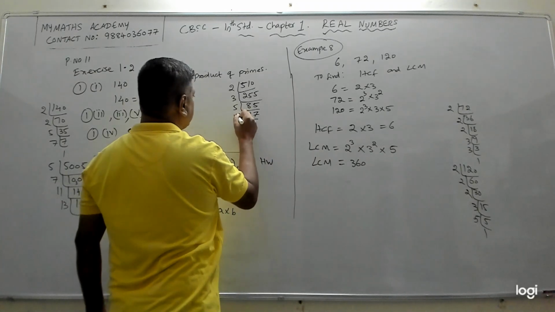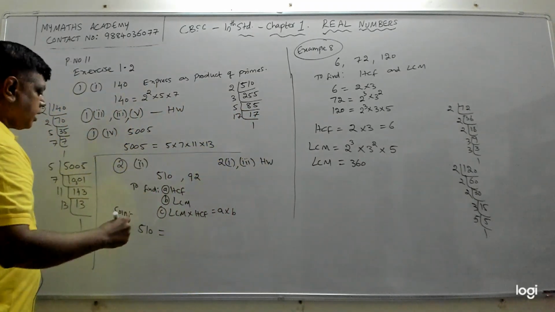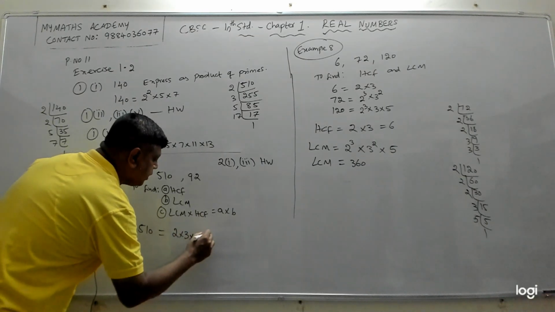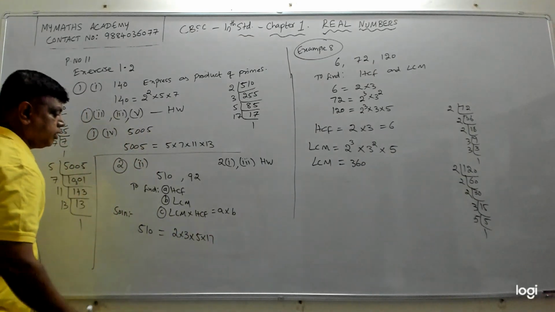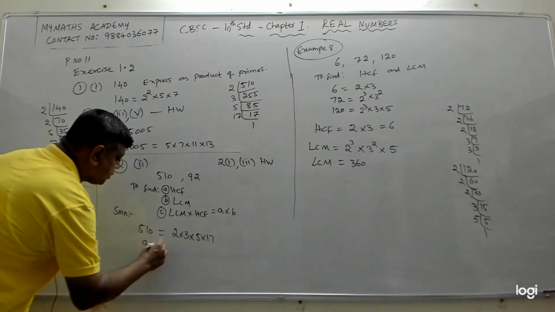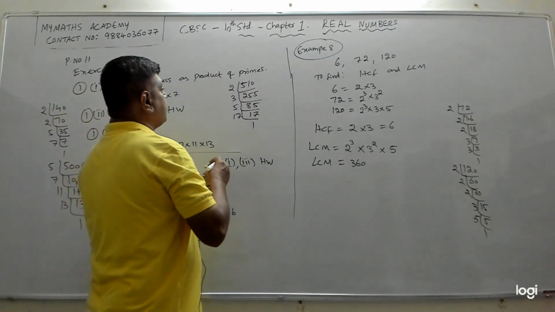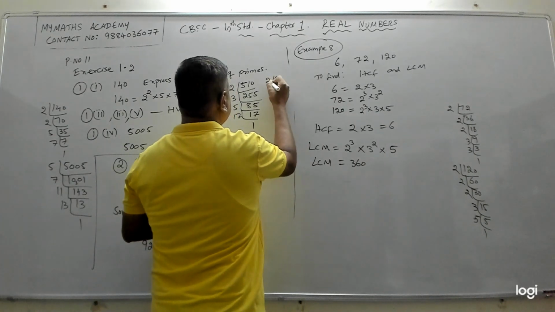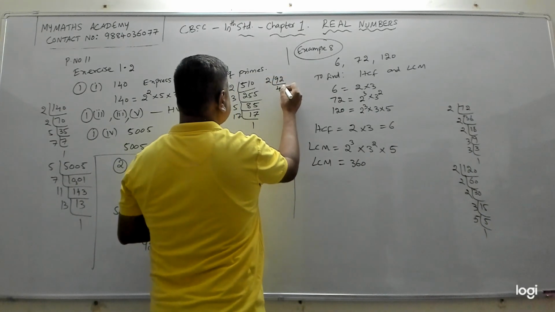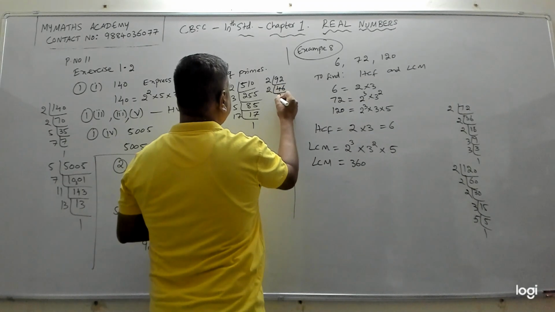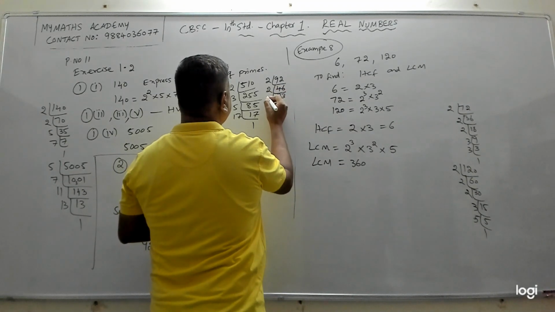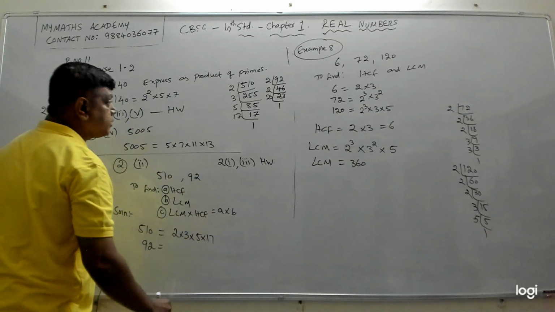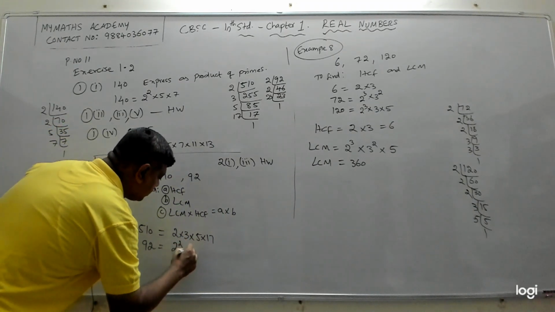Then 17, 1 time. So 510 can be written as 2 into 3 into 5 into 17. Now 92. 92 can be written as 2, 46, 2, 23, then 23, 1. So it can be written as 2 square into 23.